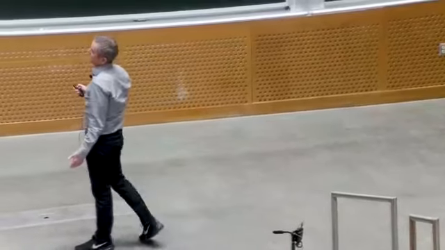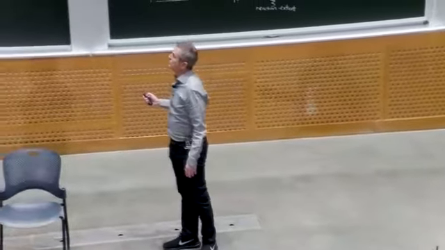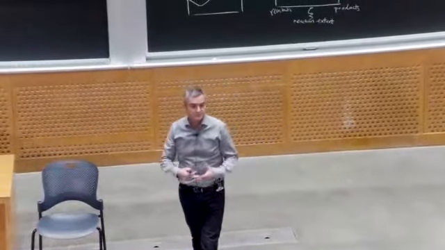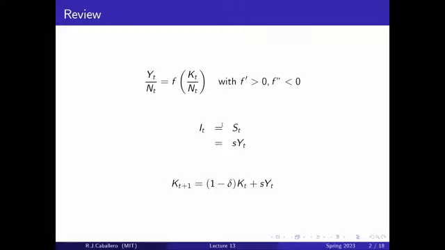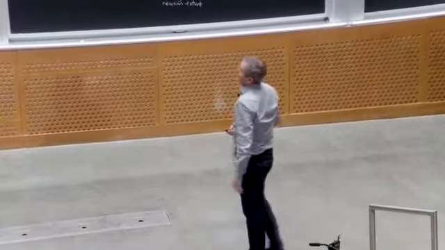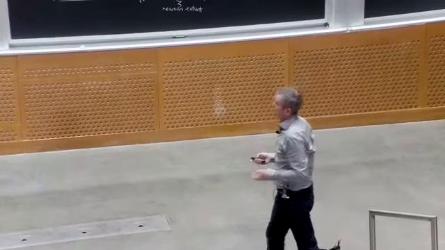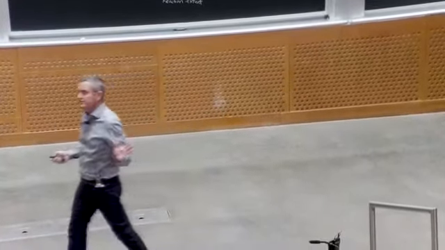But investment is equal to saving, and saving is proportional to output. Okay, so that was common across all the things we did in the previous lectures. Is there any question about these equations? No? Good.